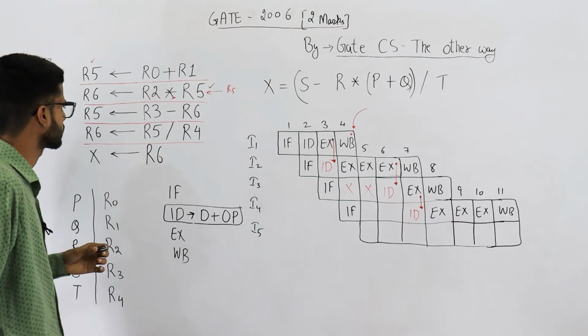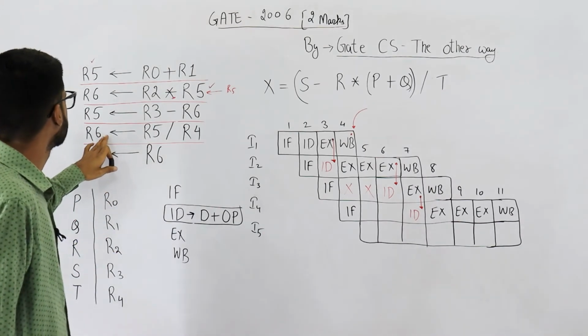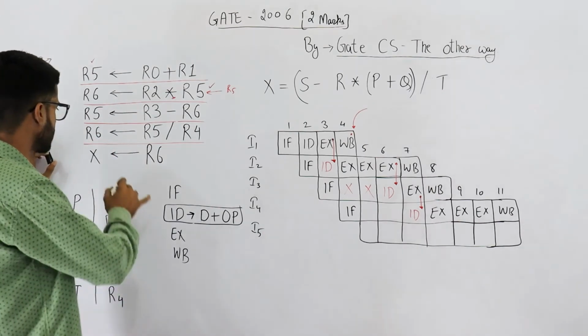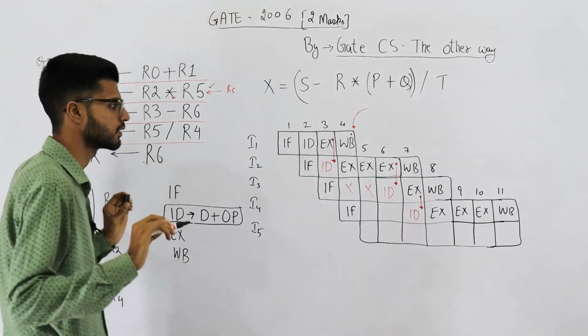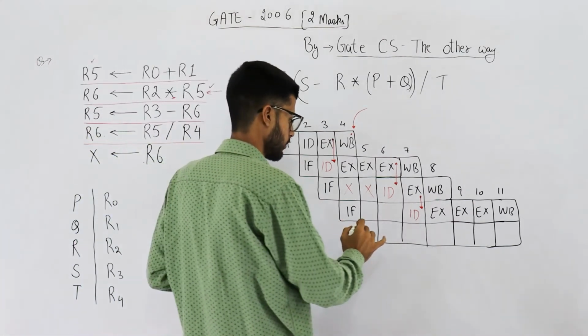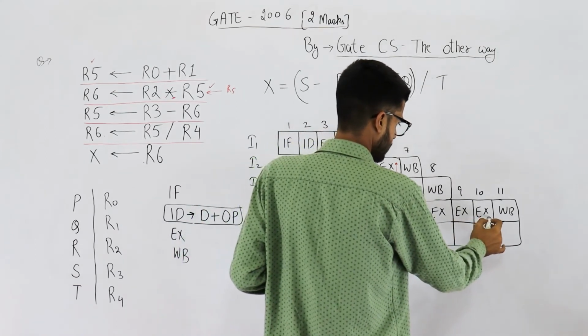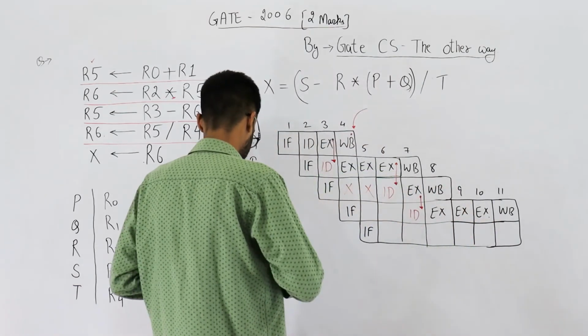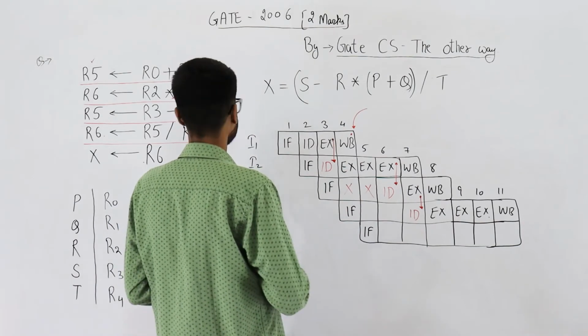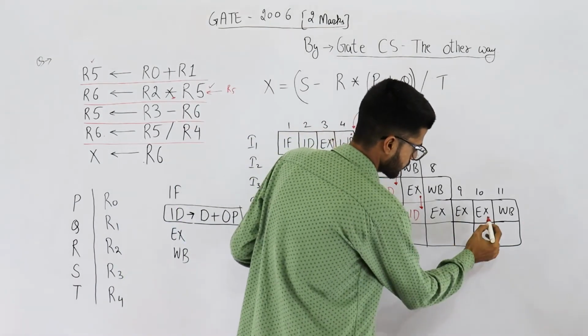It is a store instruction. R6 and R6, we do have a dependency. That means here also we are going to use operand forwarding. It is instruction fetch. And this is the point where we generate this value R6, here.